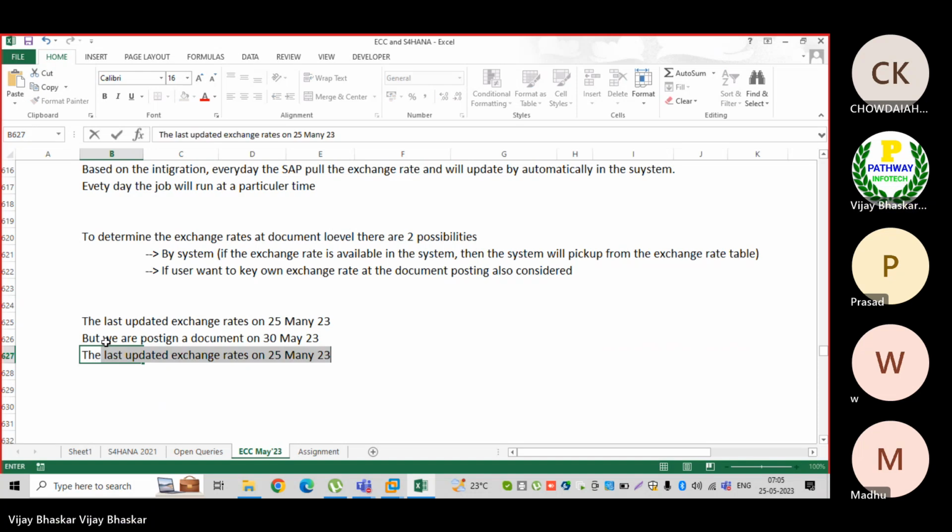Then think about it, let us assume the exchange rates might have changed.